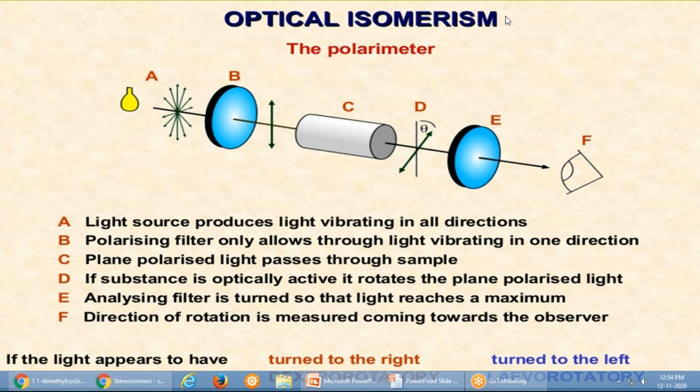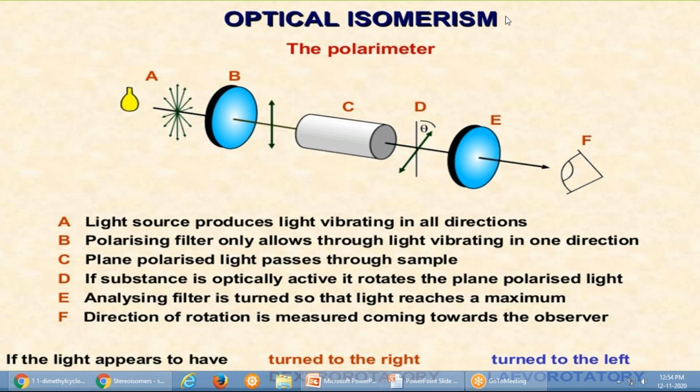Next, D: if the substance is optically active, what happens? It rotates the plane polarized light either to the left or to the right, so either clockwise or anti-clockwise, you can also say.